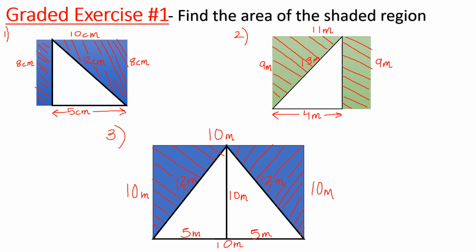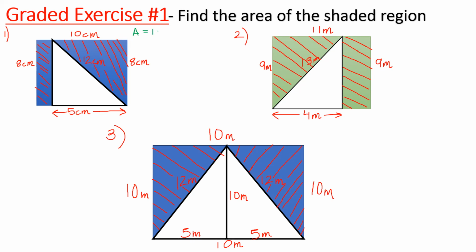The first thing we need to do is find the area of the rectangle. What's the area of the rectangle? Length times width, right? I'm talking to Joseph because he doesn't understand.